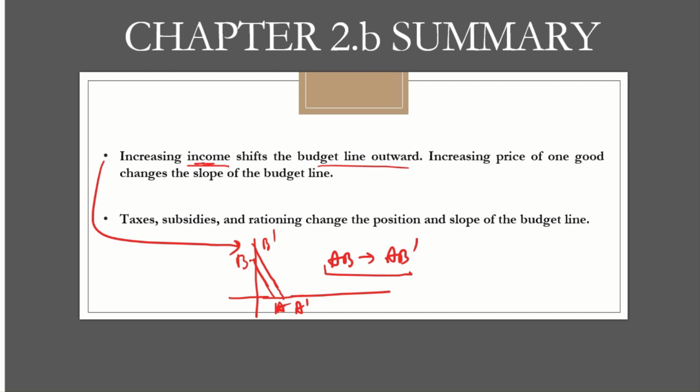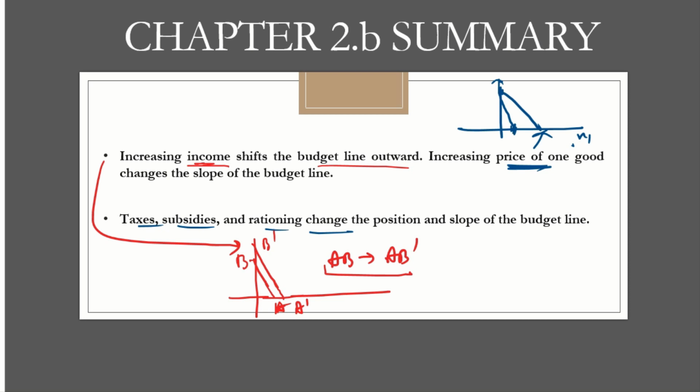For the second point, what happens when prices, taxes or subsidies change? For the price, we know that a rotation is going to occur. If the price of x1 increases, you can consume less of x1.